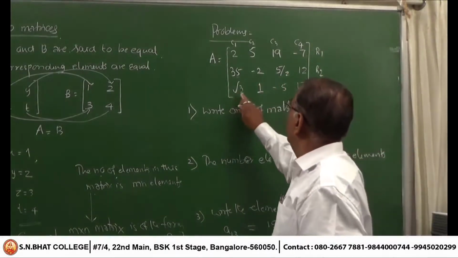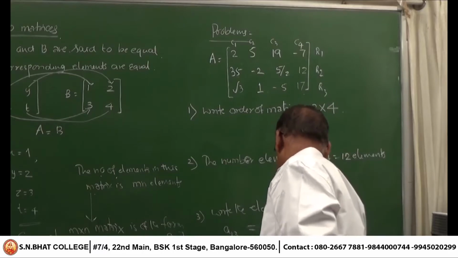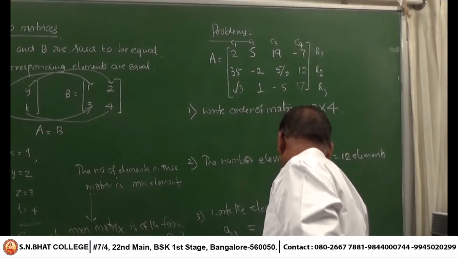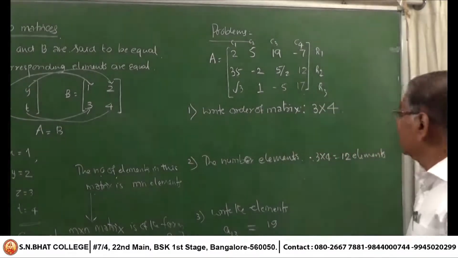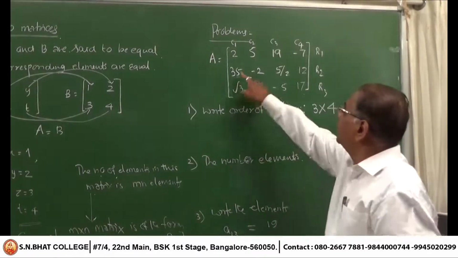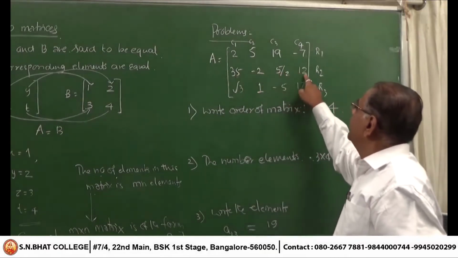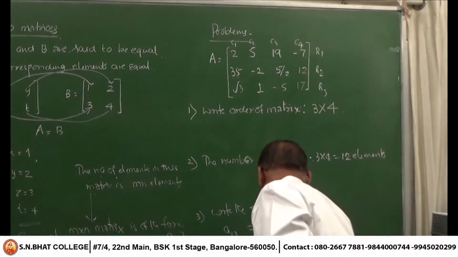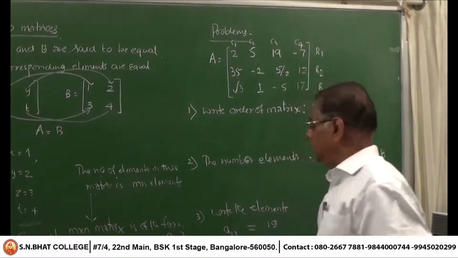A33 is A31, A32, A33. A33 is minus 5. The last one is A24, A21, A22, A23, A24. A24 is 12.